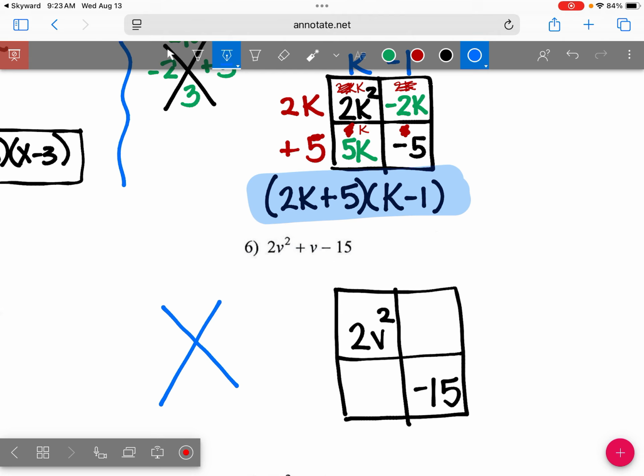On top of the X, I have 2 times -15, which is -30. On the bottom, there's an invisible 1 right here. So don't say it out loud, but we need 2 numbers. When you multiply them, you get -30. And when you add them, you get a +1.